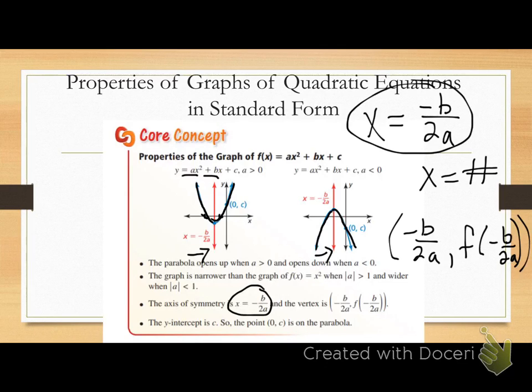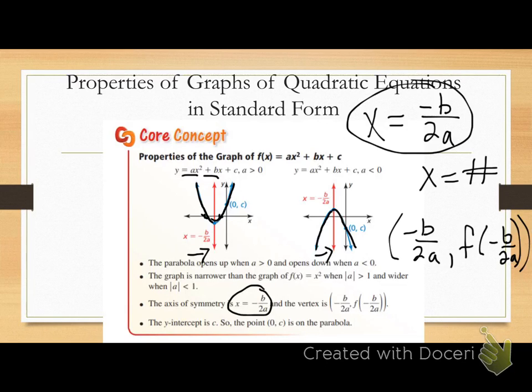So I want to find my axis of symmetry, my vertex, and then my y-intercept. What's a y-intercept? It's where it crosses my y-axis. So wherever the graph crosses my y-axis, I want to find that as well. The y-intercept is c. It's my c value, my constant from my function.